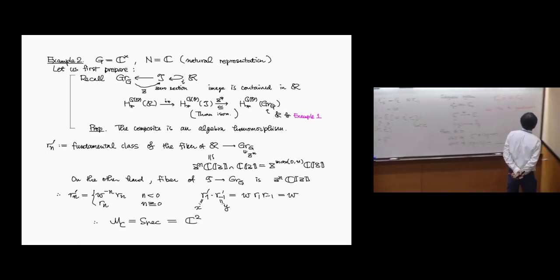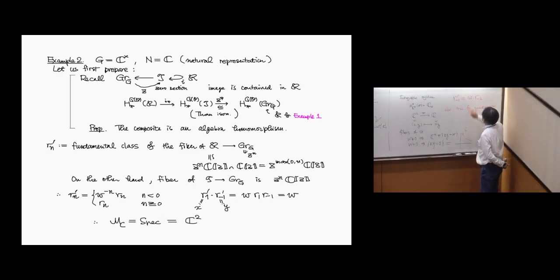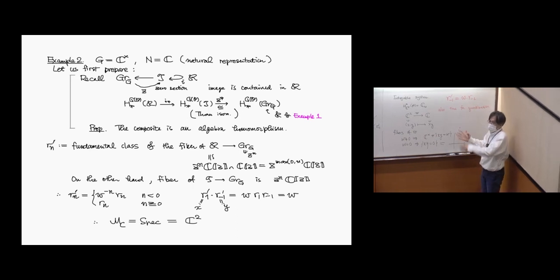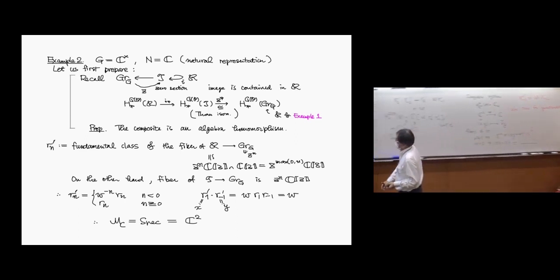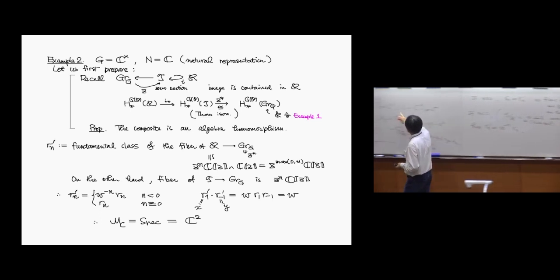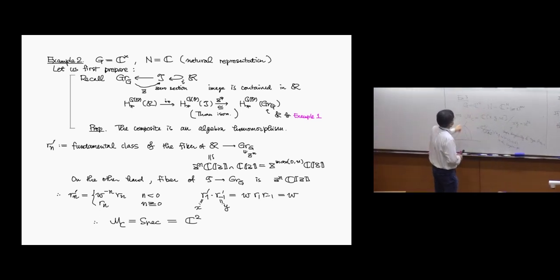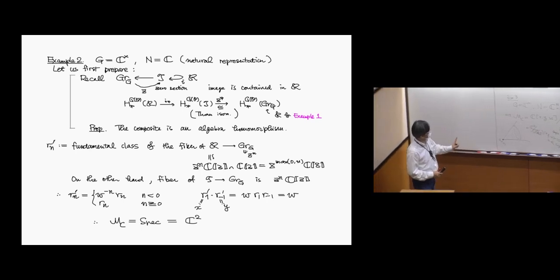I'm not sure, I'm not an expert in DAHA, but if you consider the cyclotomic DAHA, then you see this kind of relation. Cyclotomic DAHA is a subalgebra in the original DAHA, rational DAHA maybe. This is a particular example, very close to cyclotomic DAHA, but the symmetric group part becomes trivial.